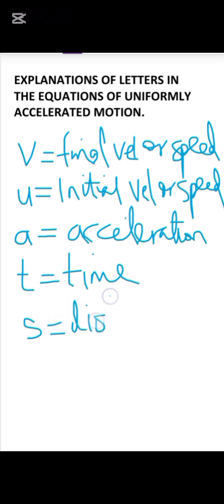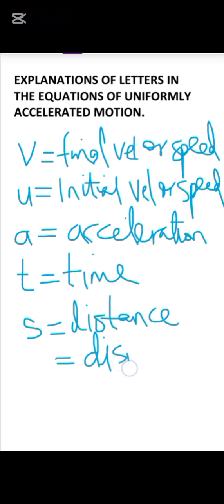Then A, of course, A is the acceleration. Then T is the time taken for the body to move. Then S stands for the distance traveled or the displacement. That's what S stands for.